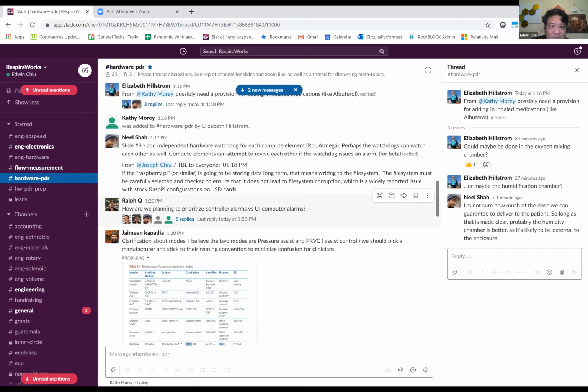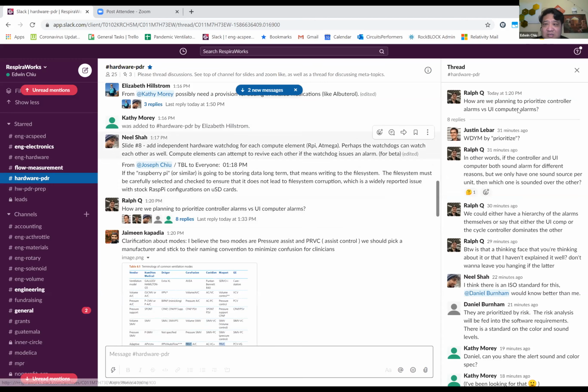Ralph asks, how are we planning to prioritize controller alarms versus UI computer alarms? And the answer is both of them have to essentially be autonomous because we can't assume that the other one is working. So if one of them fails, you raise an alarm. The concept right now is that the controller alarm can be much less specific. It can make us turn on a light, but it can't actually tell you what's wrong.